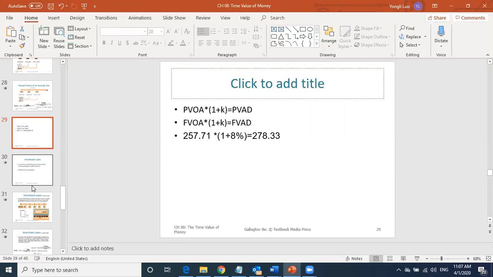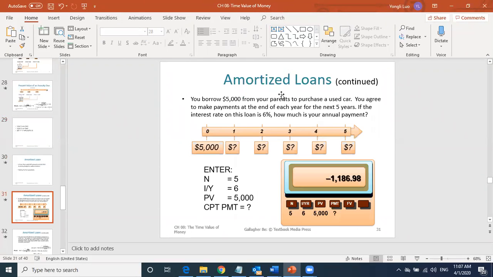Now we talk about amortized loan. Amortized loan is a question about when you get money for a mortgage. Typically we want to know how much you have to pay monthly.